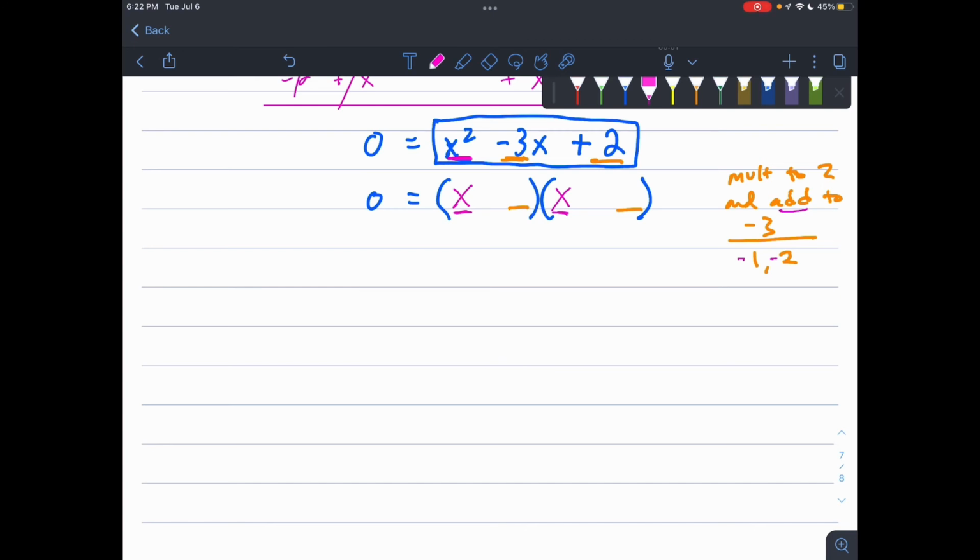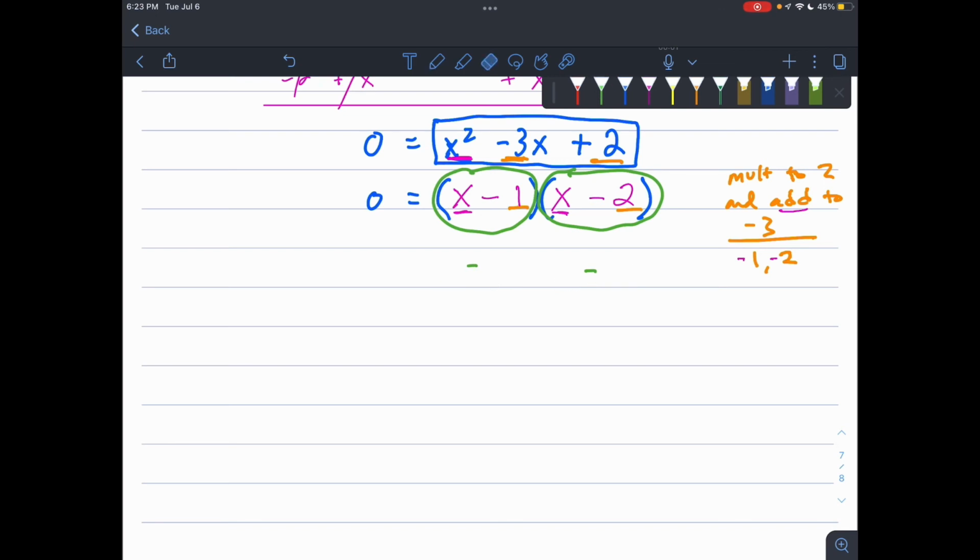Negative 1 times negative 2 does give you positive 2. Negative 1 and negative 2 also add to be negative 3. So we can go ahead and put those in, negative 1 and negative 2. And then basically this tells us that x equals positive 1. And here x equals positive 2.